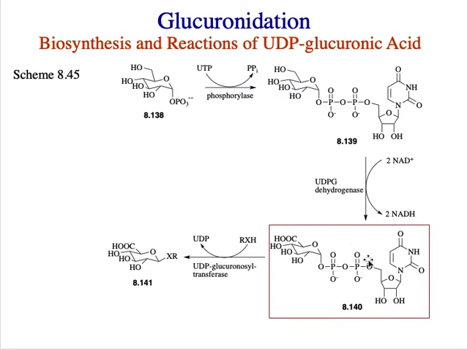There's a diphosphate here, and this group's called a uridine. Just like ADP as a leaving group, this is like adenosine diphosphate. This UDP is the leaving group, what's driving this reaction forward. RXH is going to be the NH or OH of your drug. Then you lose UDP, which has a similar energetic driving force as ADP.